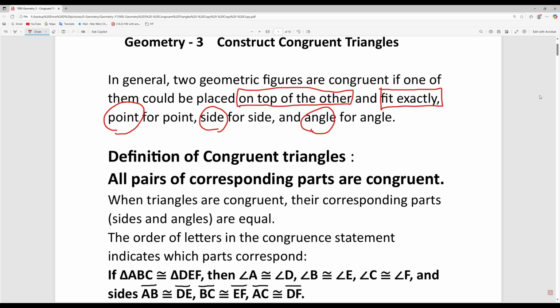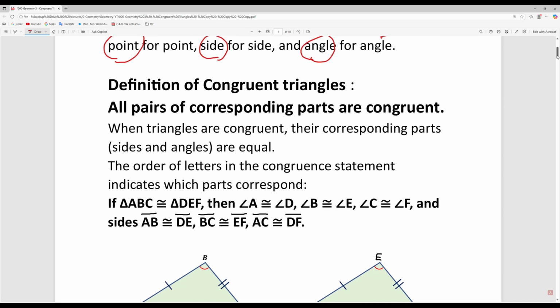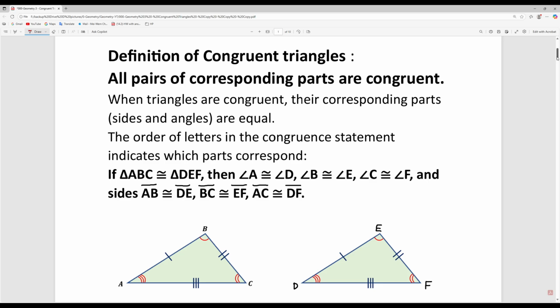Now, first, let's understand the definition of congruent triangles. So let me move the page. The definition of congruent triangles: all pairs of corresponding parts. What does corresponding parts mean? All pairs of corresponding parts are congruent.